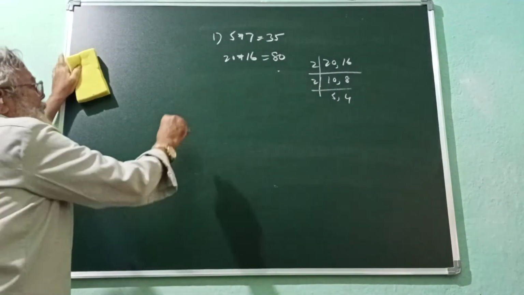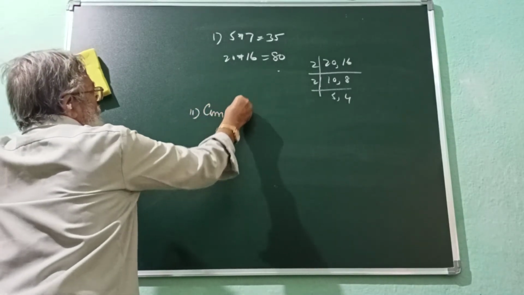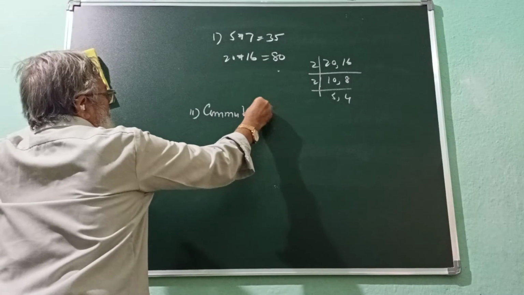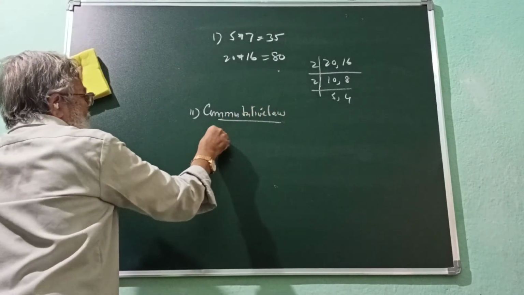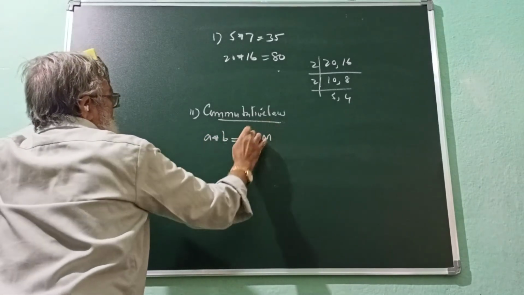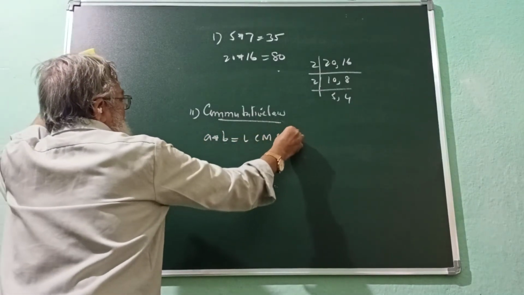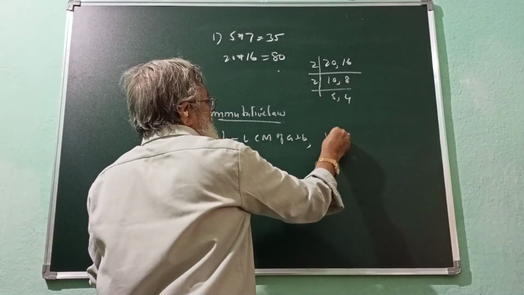Now, second one, commutative, let us check. If you take the left hand side, A star B is nothing but LCM of A and B. And if you take B star A, what happens?